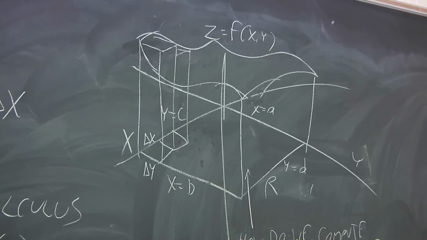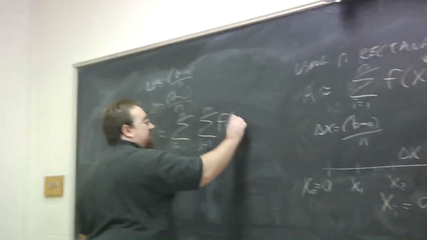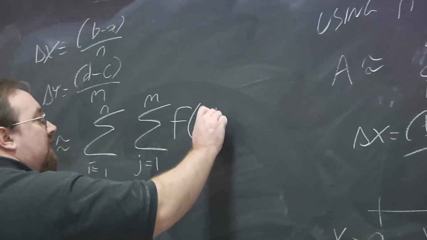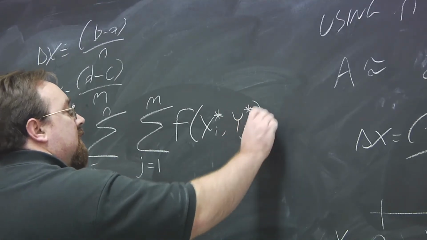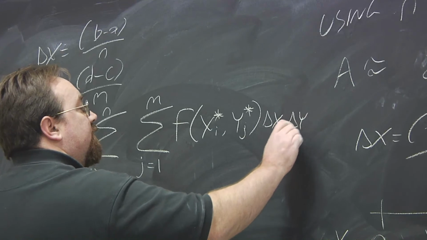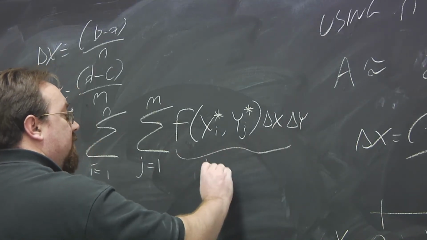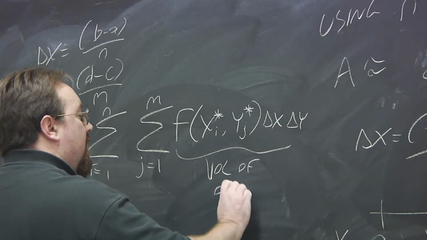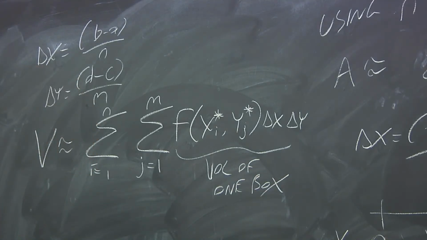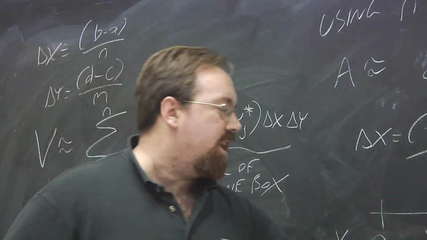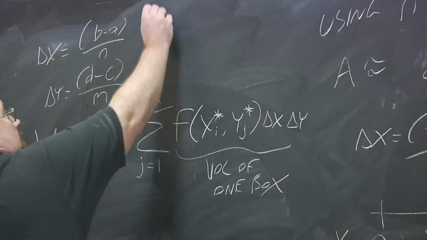So that many boxes. So the height is f of xi star, yj star, times delta x, delta y. So this is the volume of one box. Okay. So we define xi and yj like we did before.